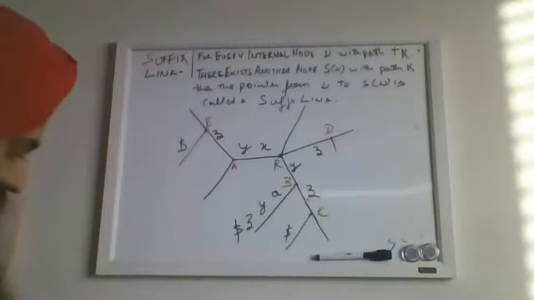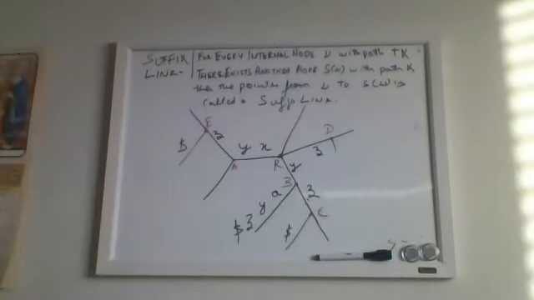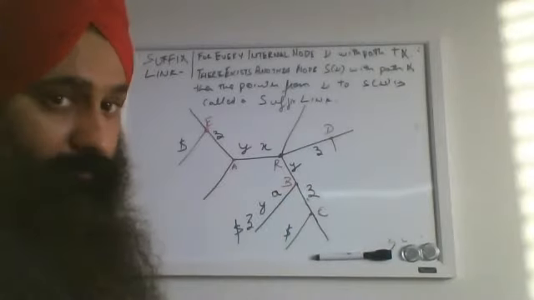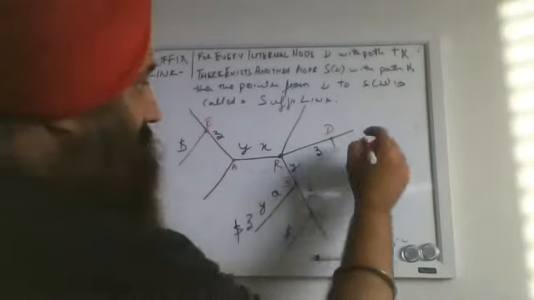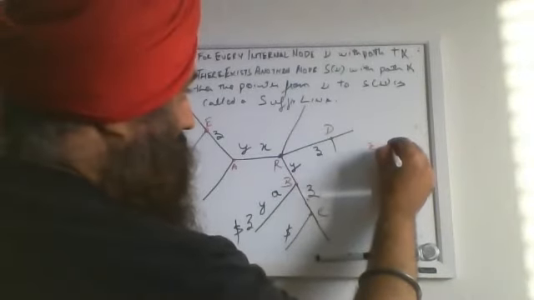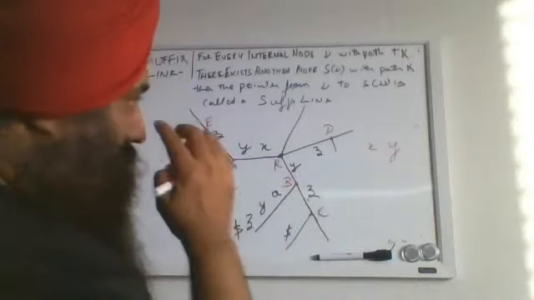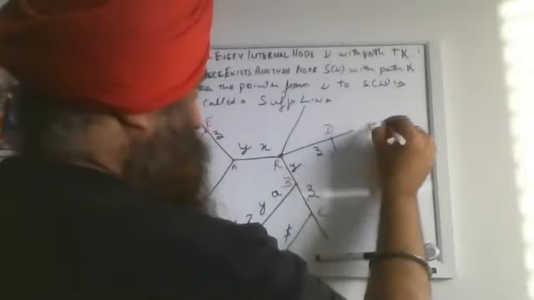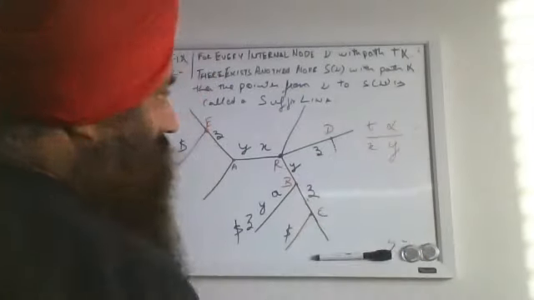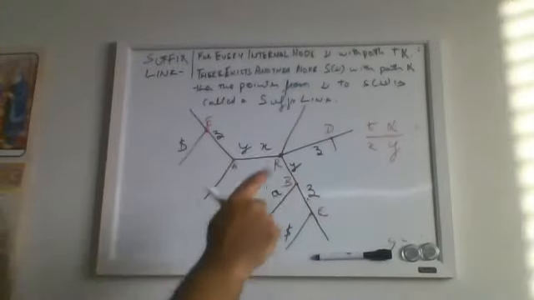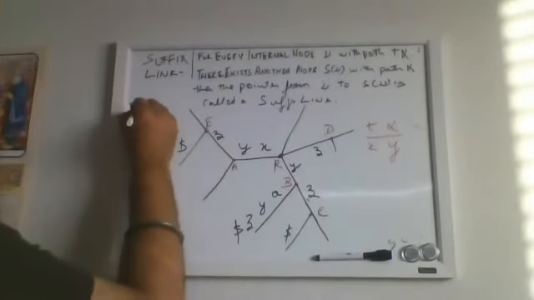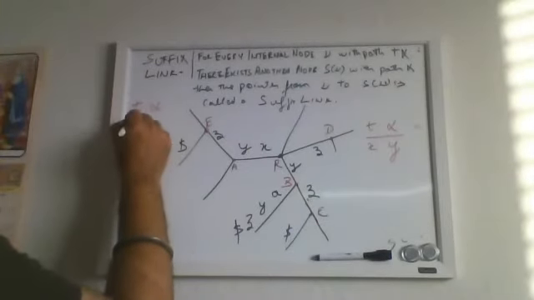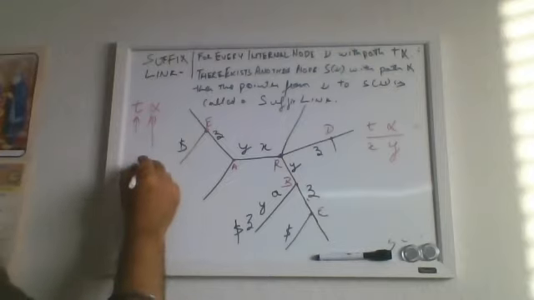Let's consider this suffix tree. If you consider this node A, the path of A starting from the root is x, y. In T alpha, T has to be a single character and alpha is a string.